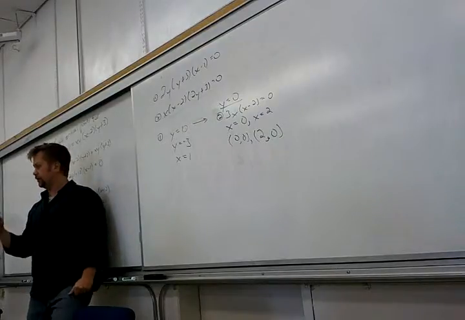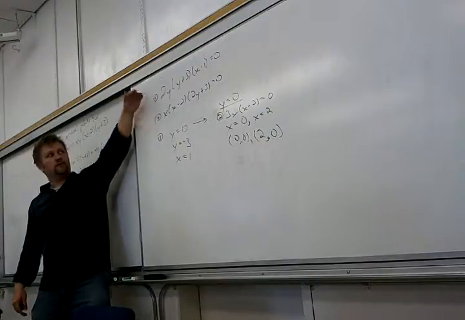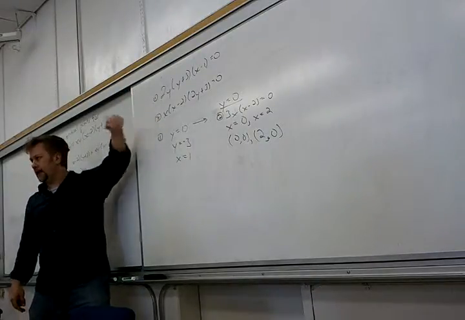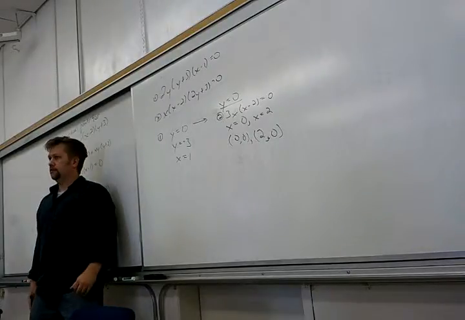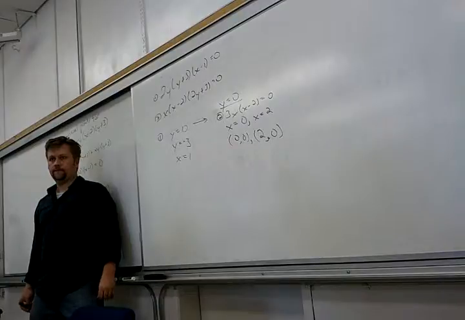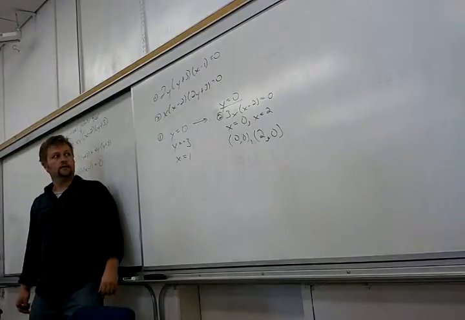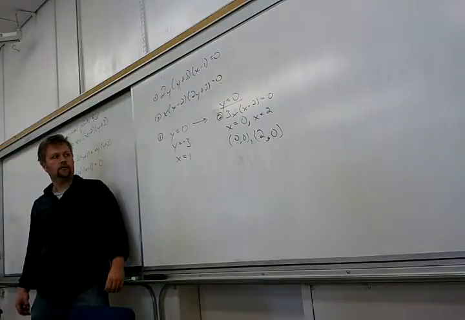So they must both equal 0. So I really do have a system of equations. If I solve one and plug those into the other one, I get my points that work in both, right?